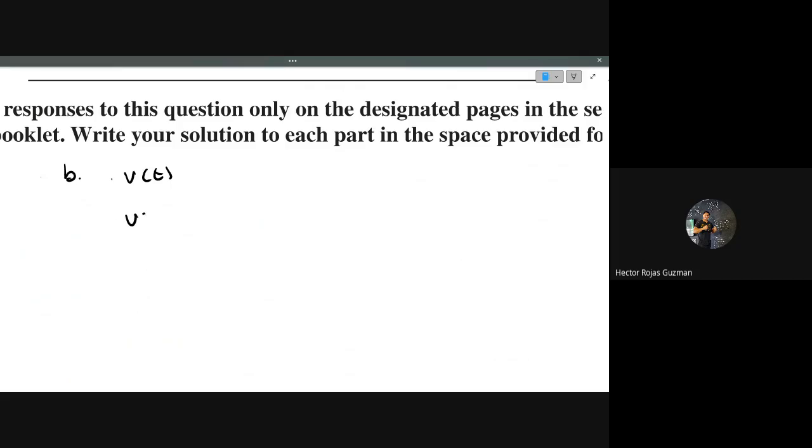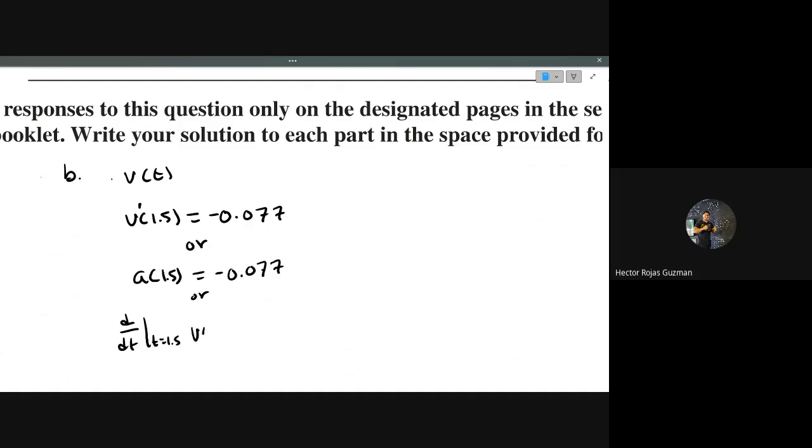You can say v prime of 1.5 equals negative 0.077, or you can say the acceleration at 1.5, or you can say d/dt at t equals 1.5 of velocity. Any of the three notations is valid.